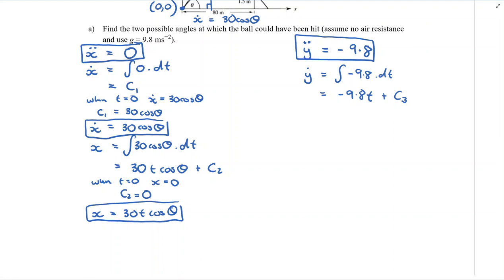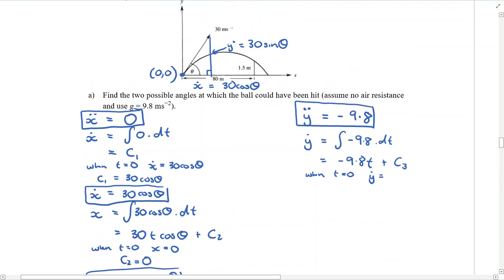I need to find that c3. C3 will equal 0, but the way I know that is because when time equals 0, actually no, it doesn't. When time equals 0, my velocity equals, look at my diagram, 30 sine theta. That's what I worked out at the very beginning. My velocity in the y direction was 30 sine theta. Oh, sorry, 30 sine theta. I said the right thing, wrote something completely different.